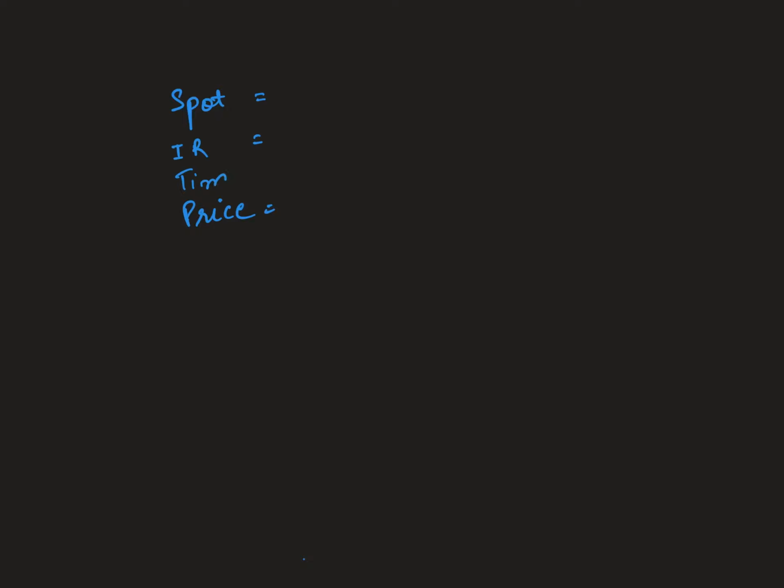You also need to know the time period. So the formula would be spot into 1 plus interest rate raised to power t. Okay, that is going to give you the price.